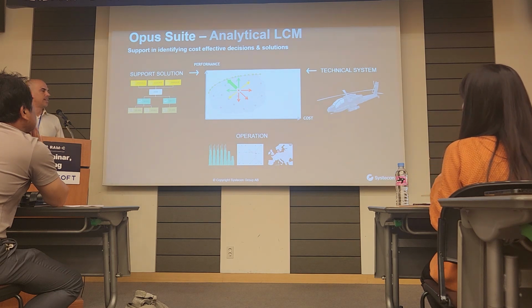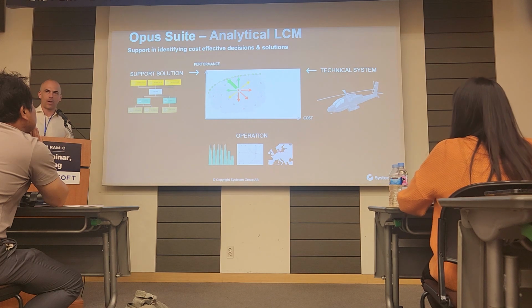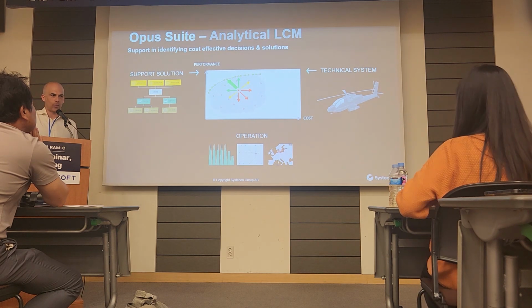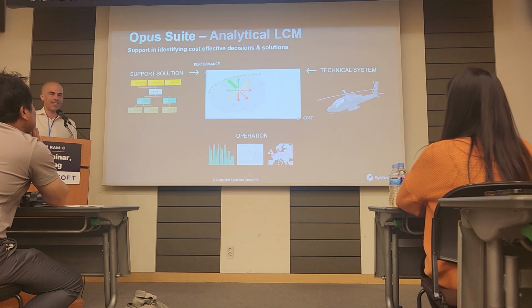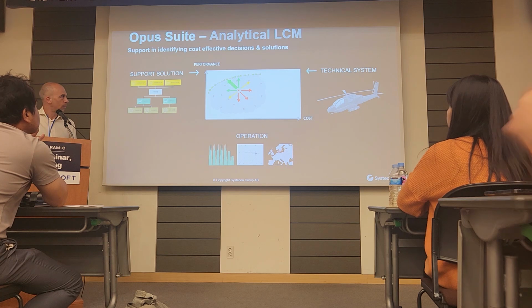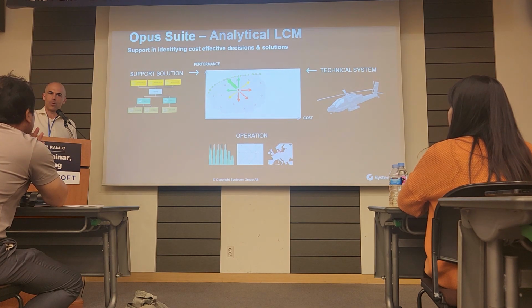And this is symbolizing a bit what we are talking about when we talk about analysis and the OPUS suite. We want to find these actions with the help of analysis and the tools. We will find these actions that help us to increase performance and spend less money, and hence become much more cost effective. Get the most effectiveness out of each dollar spent.